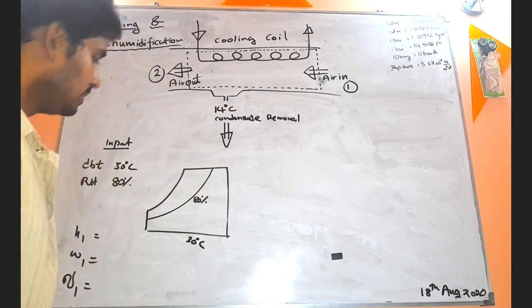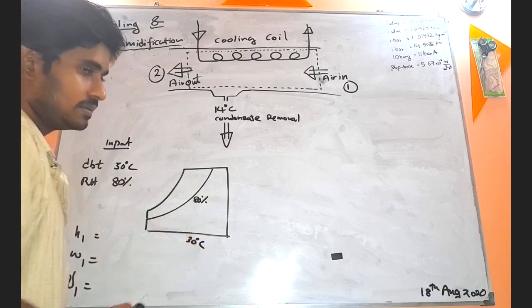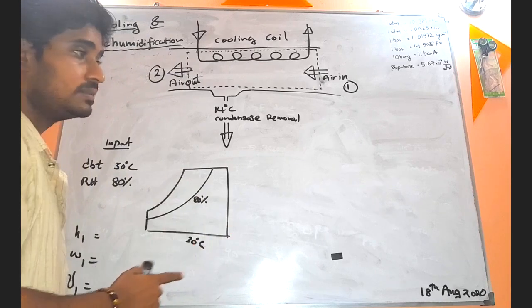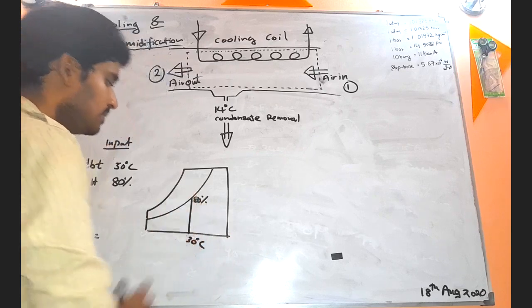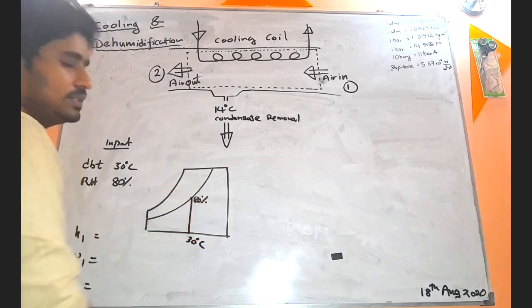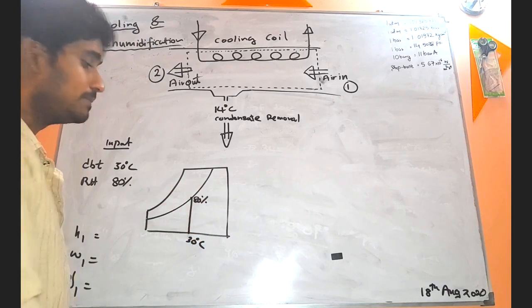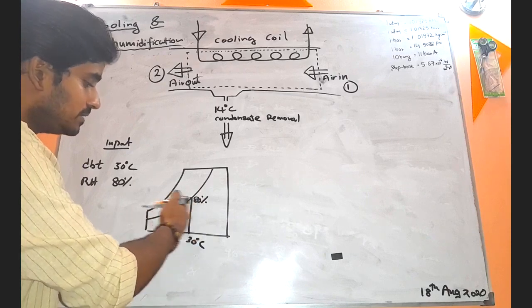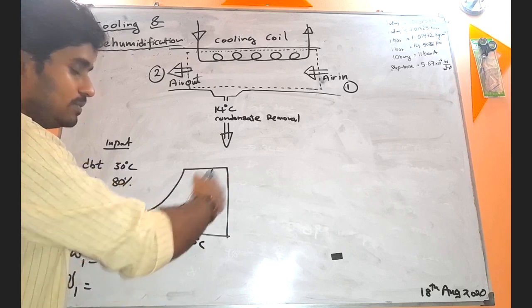So select the correct dry bulb temperature line that indicates 30 degrees Celsius, then go in a straight line. At here you will find the intersection of the 30 degrees Celsius dry bulb temperature line with the 80% relative humidity curve. So this curve is the relative humidity.